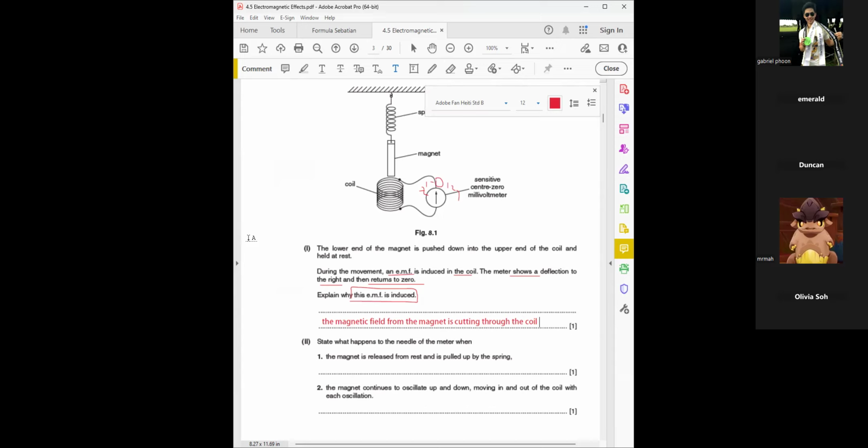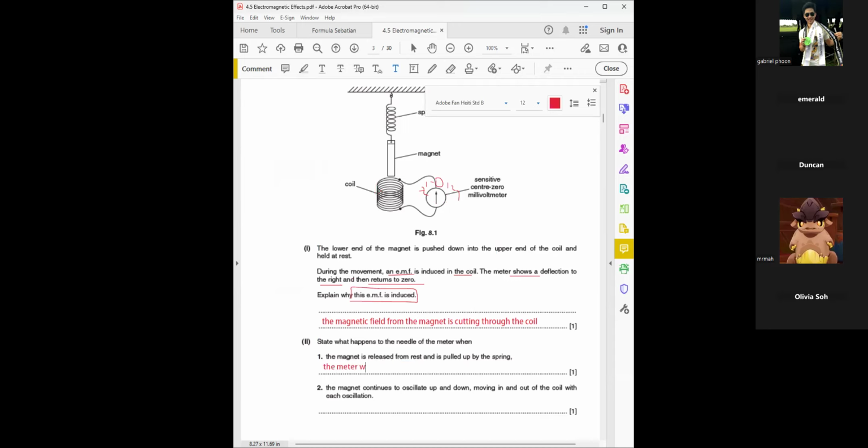State what happens to the needle of the voltmeter when the magnet is released from rest and then pulled upwards. So just now I said that when it was allowed to hang downwards, the meter deflected to the right, right? Now it's held from rest and being pulled upwards. What will happen to the meter? It will deflect to the right, right?